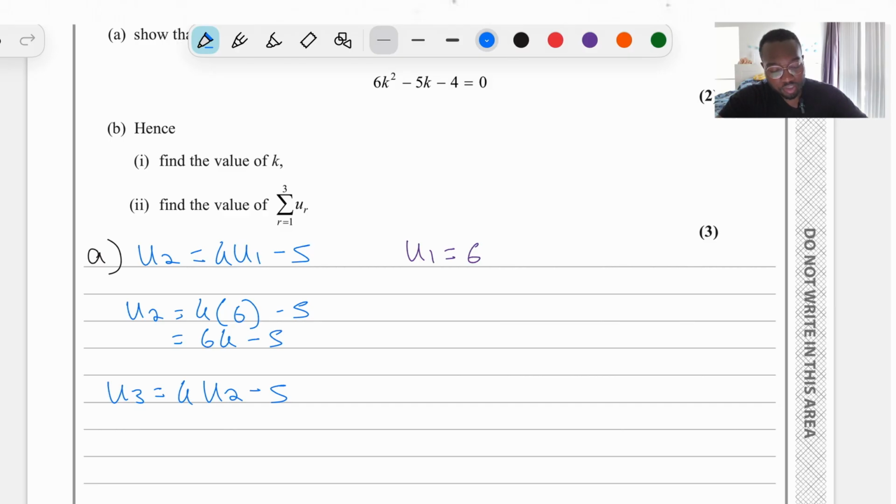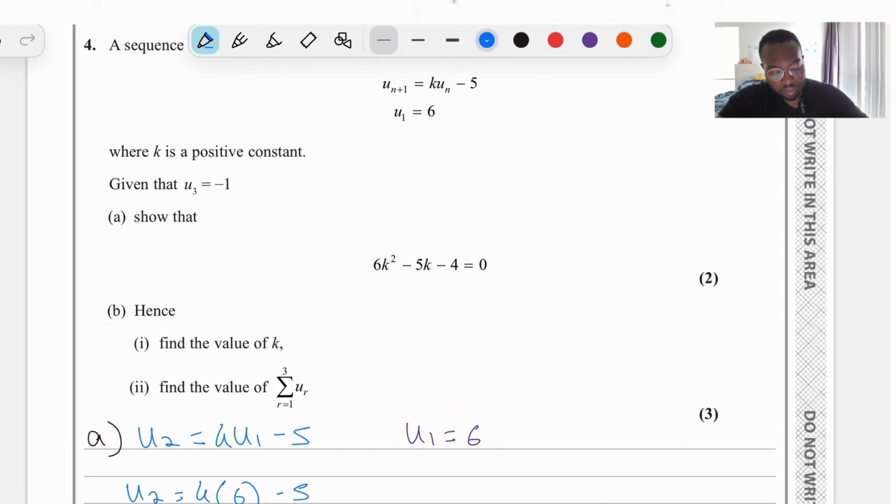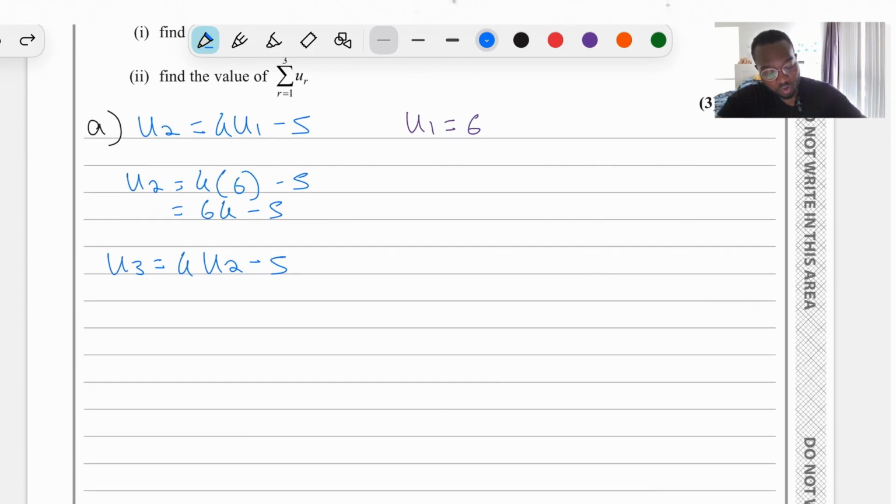Now, what do we know about u3? They tell us in the question that u3 is equal to minus 1. Therefore, we can write minus 1 here, and we have k times u2, which we worked out as 6k minus 5, and then that's just minus 5. And now let's work this out.